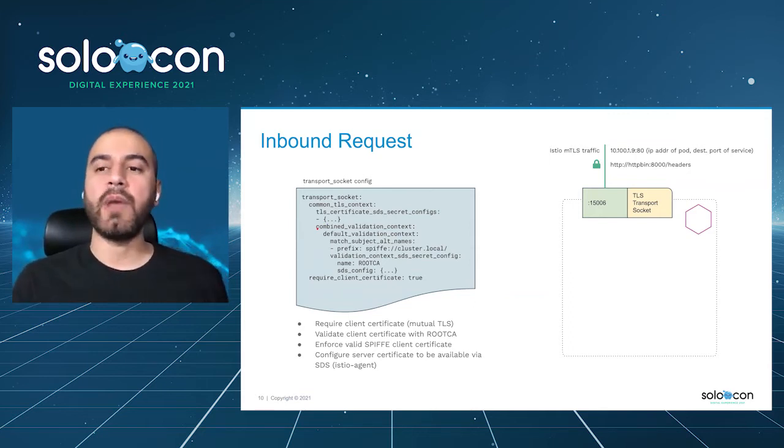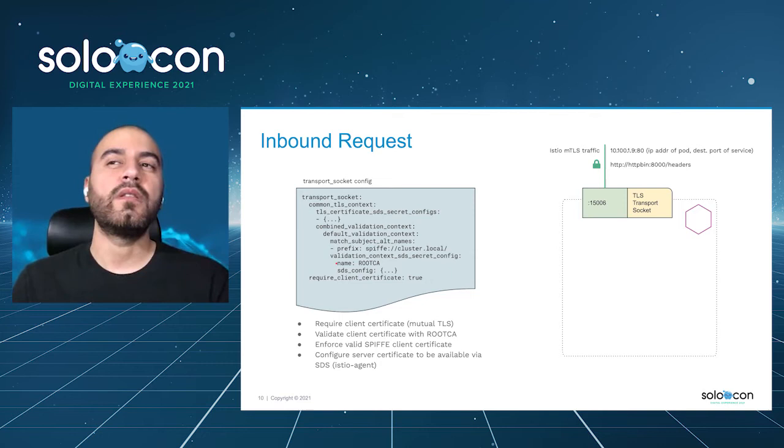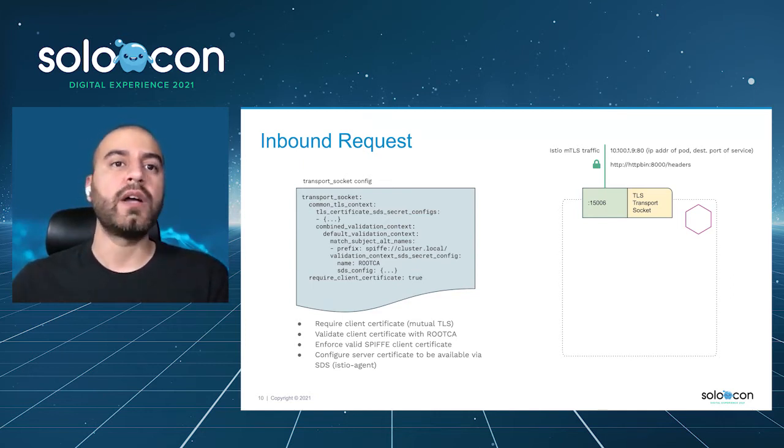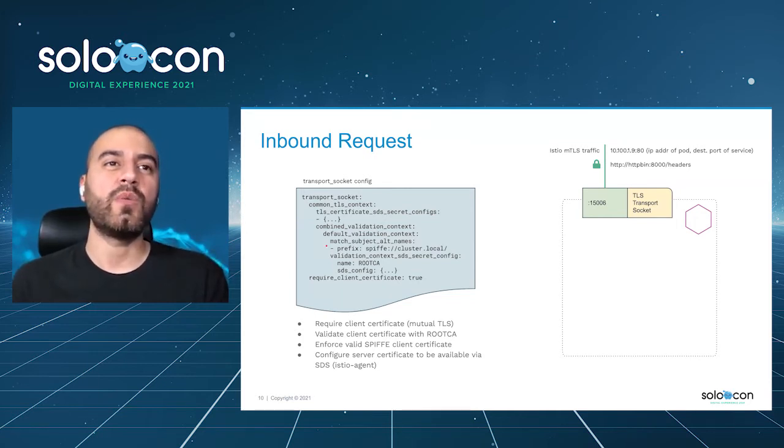So when we get a filter chain match, we know that we need to use the transport socket that's defined along with it. The transport socket does a couple of things. In this context, we have this transport socket as part of our listener, so we're saying that we need to do TLS on this incoming connection. But more importantly, we also are saying that we require this client certificate.